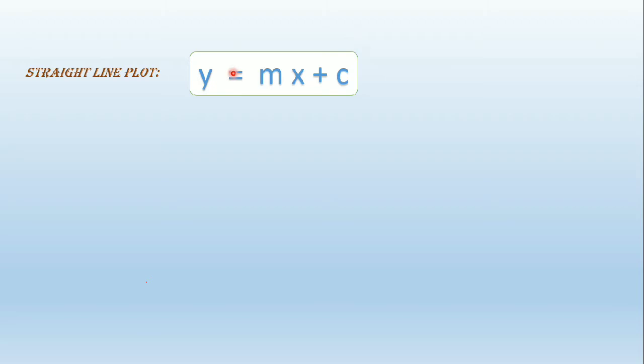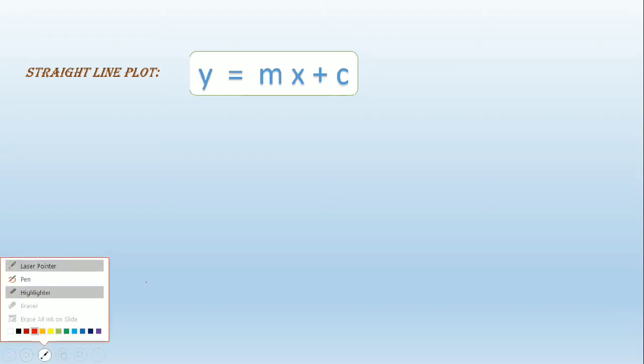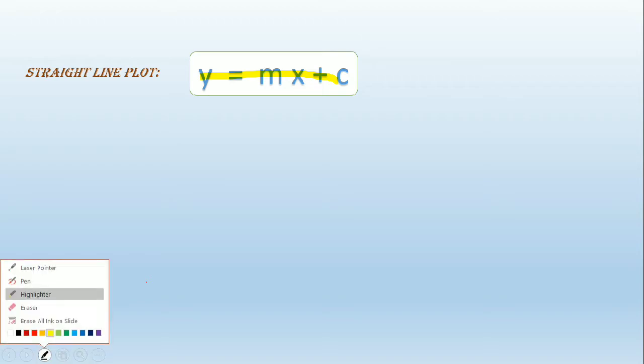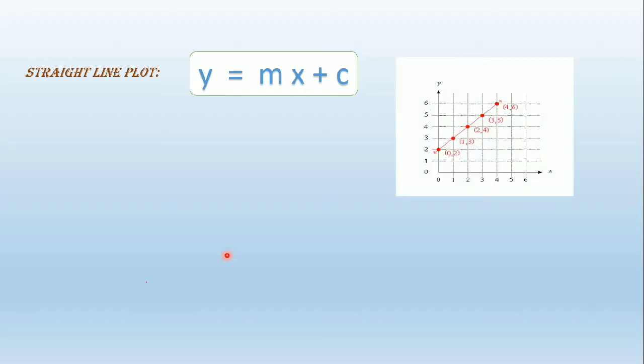We wanted to do this plot, and we had found out our plot would look something like this, a straight line plot, and this portion that we see is our y-intercept, this was our C.